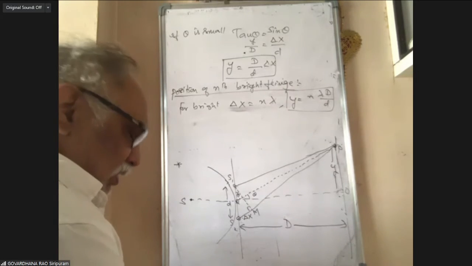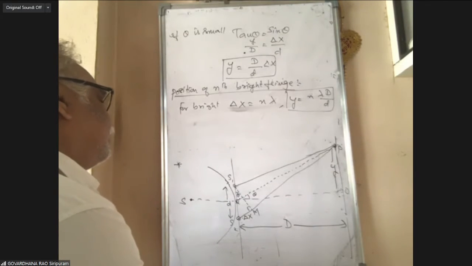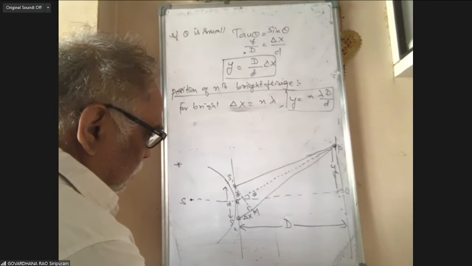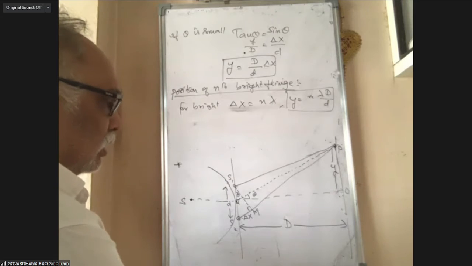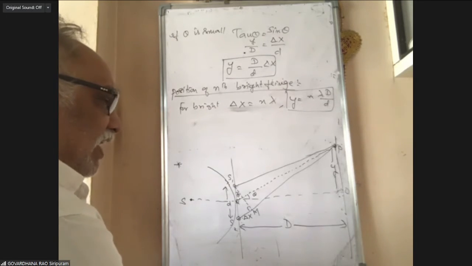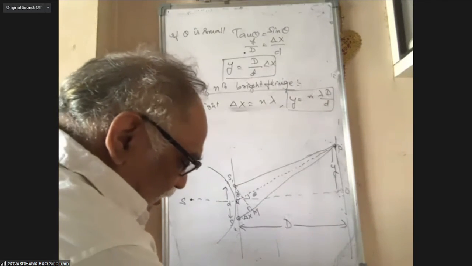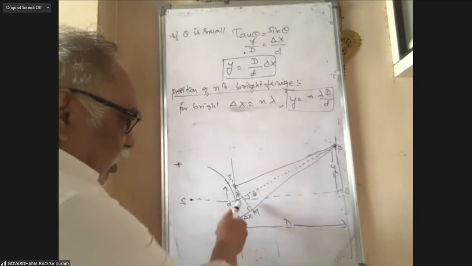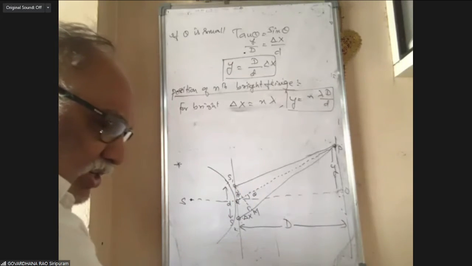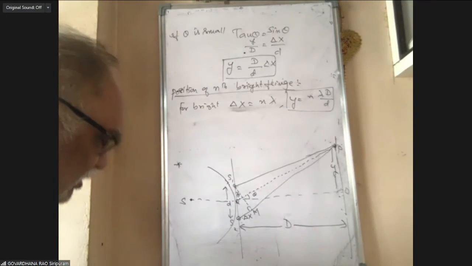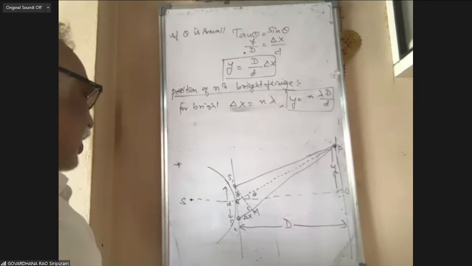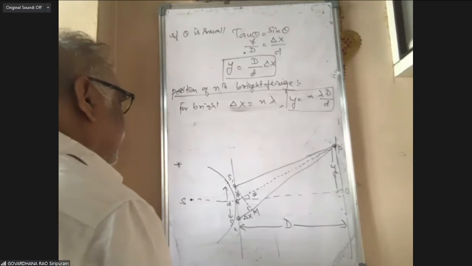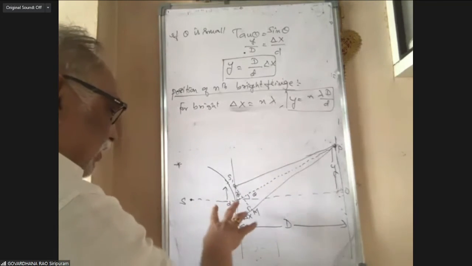The wavelength of light itself is small, in angstroms. So these angles are very small, not like 30 or 20 degrees, but less than 1 degree. The figure you see is drawn much bigger.